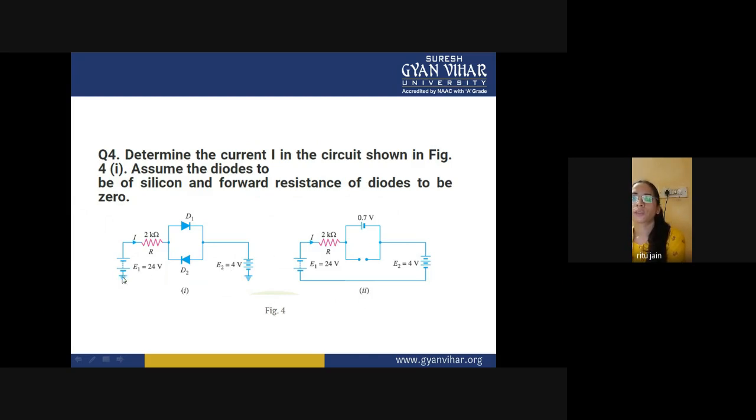Both terminals of E1 are grounded and the terminal of E2 is also grounded. So we can reconstruct this diagram, and we can connect this diagram to each other.